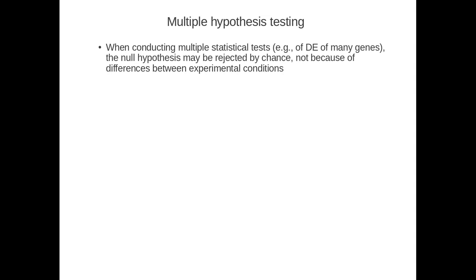And the problem with that is that the null hypothesis of no difference in gene expression may be rejected by chance, not because of differences between experimental conditions, but simply by chance.